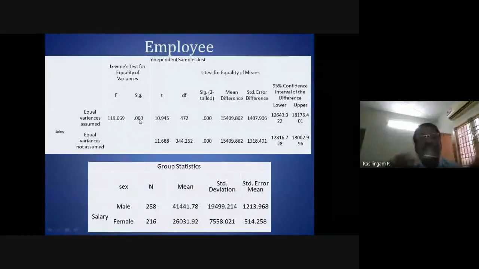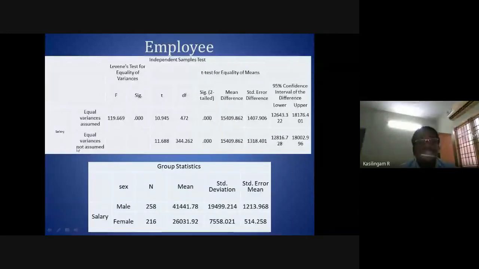If it is less than 0.05, it means we have to reject equal variance assumed. Less than 0.05, reject the equal variance assumed, which means this row is rejected.